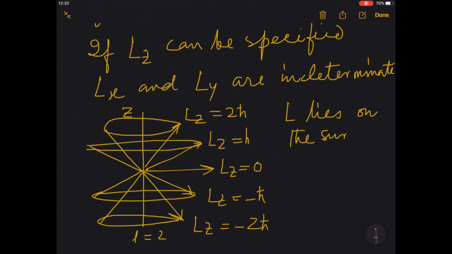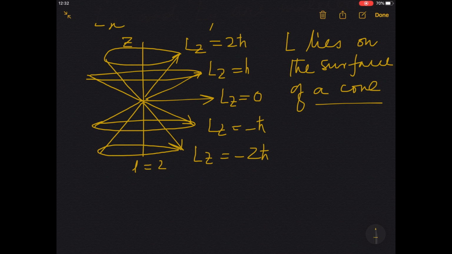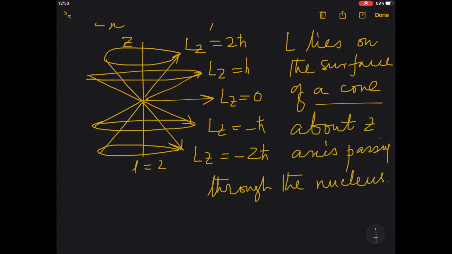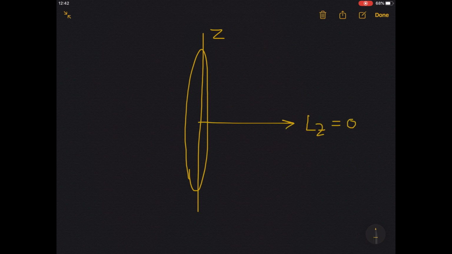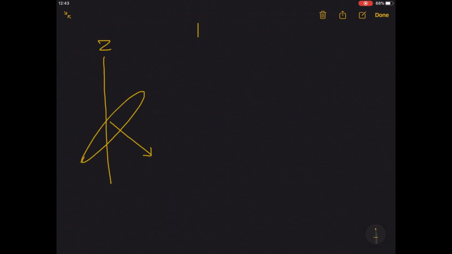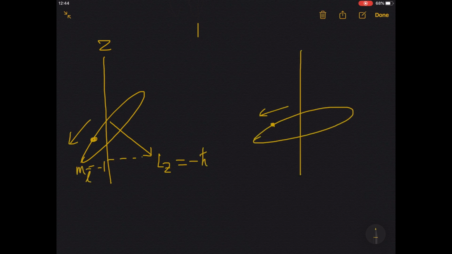So, L can lie anywhere on the surface of a cone about the z-axis passing through the nucleus. The possible orientations of the angular momentum vector capital L with respect to a particular direction are shown here for azimuthal quantum number equal to 2.